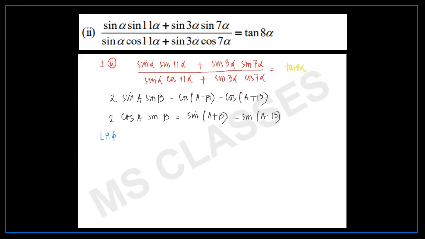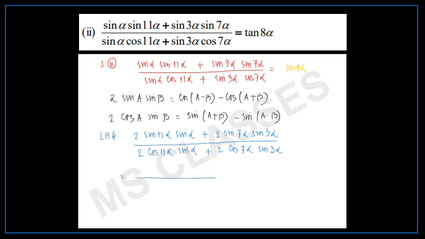So we can write this as 2 sin 11 alpha sin alpha plus 2 sin 7 alpha sin 3 alpha, divided by 2 cos 11 alpha sin alpha plus 2 cos 7 alpha sin 3 alpha. Now we substitute the values in the formula.